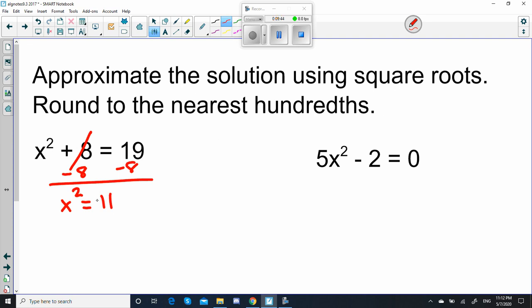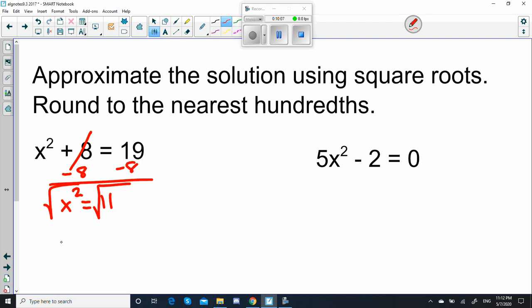Well, 11's not perfect, but I can still take the square root. I'm just going to need a calculator. So I'm going to take the square root here and here since x squared is isolated. If you have a calculator like we have in class, we hit the second button, then x squared, and then I type in 11. The directions say round to the nearest hundredths.